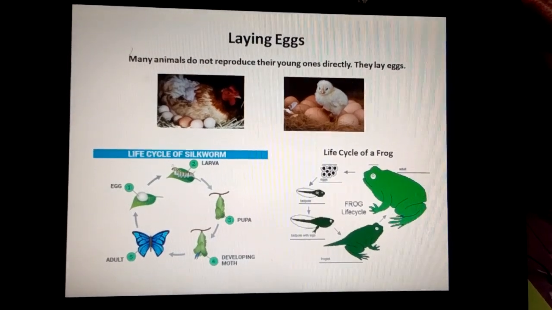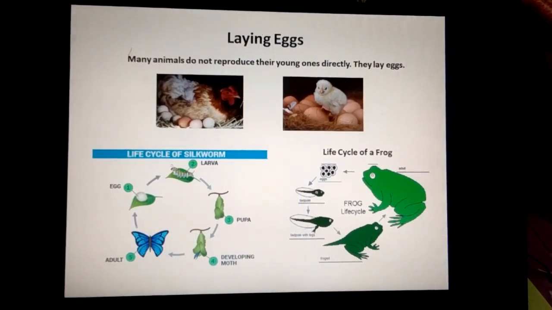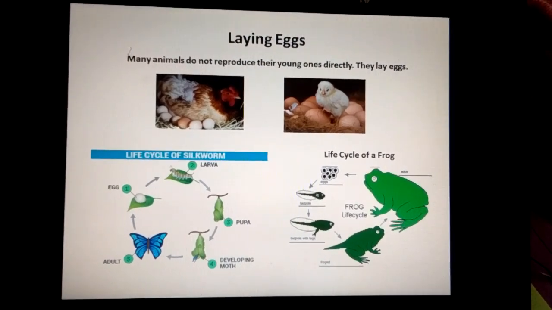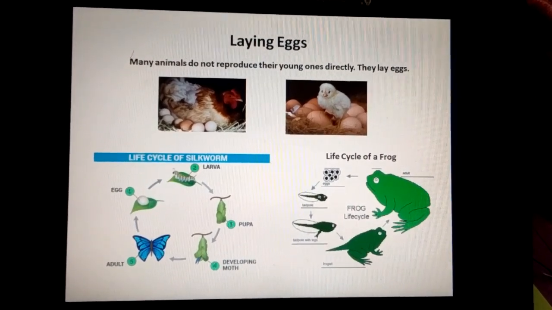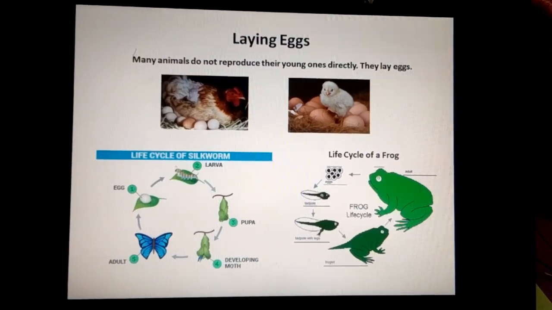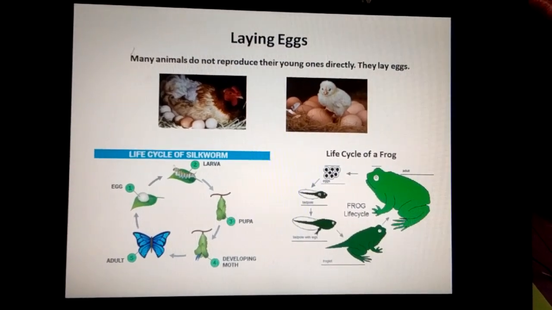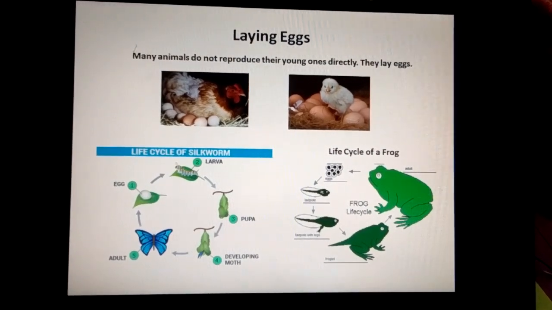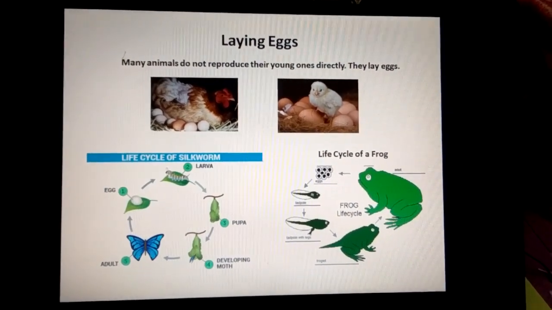Stage 3 is cocoon. In this stage, the silkworm spins a protective cocoon around itself. It is made of a single thread of silk and is the size of a small cotton ball. Stage 4. The pupa stage is a motionless stage.